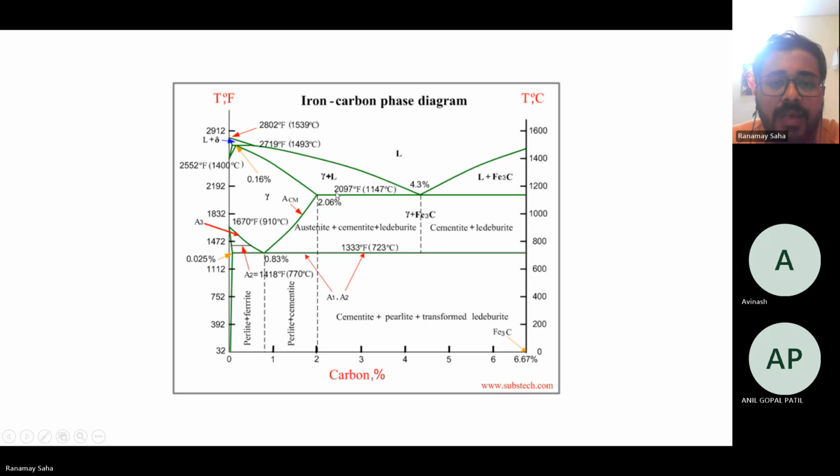There are different key points such as 0.83 percent carbon. Here you have 0.02 percent carbon. You should always keep these things in mind to answer questions out of this iron carbon phase diagram.